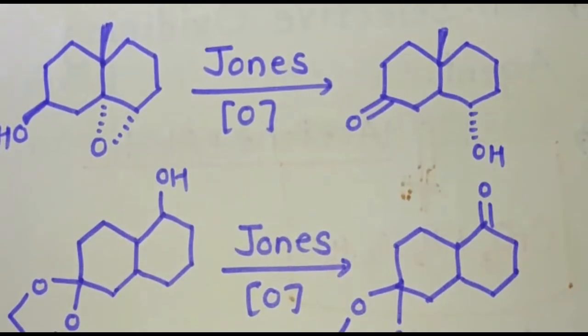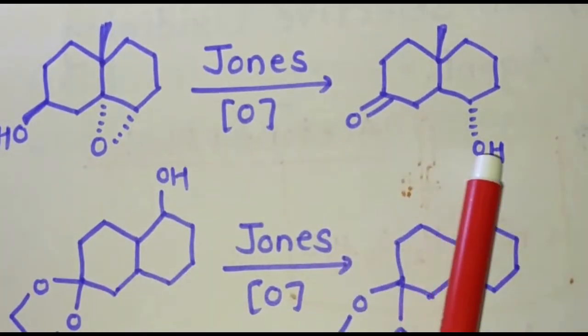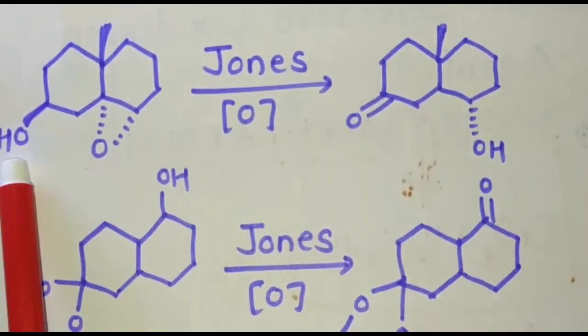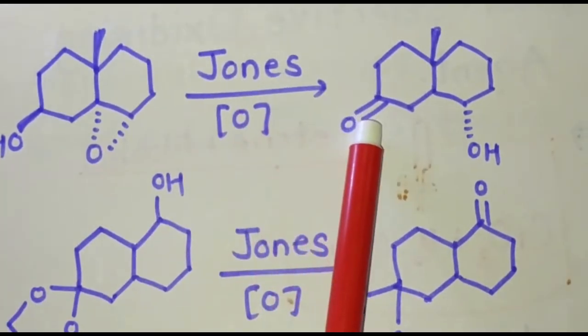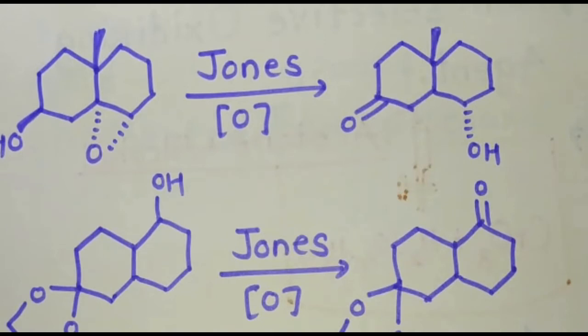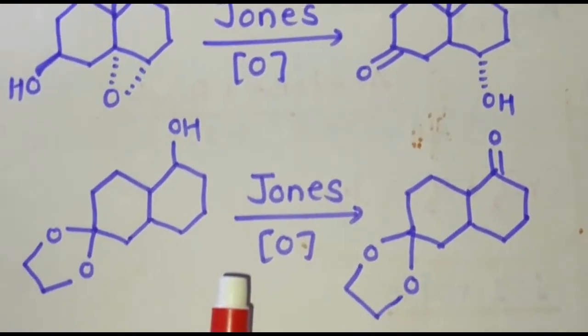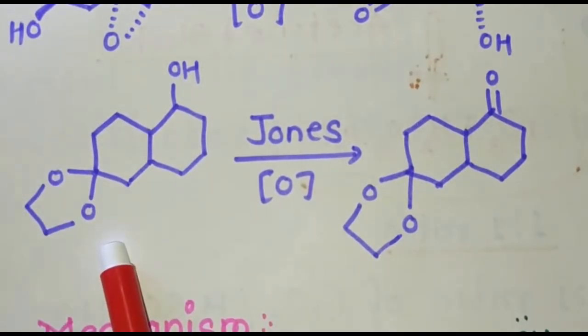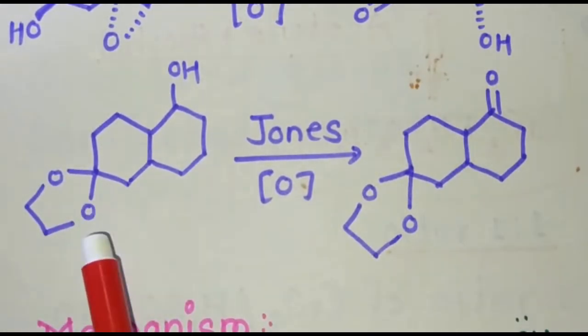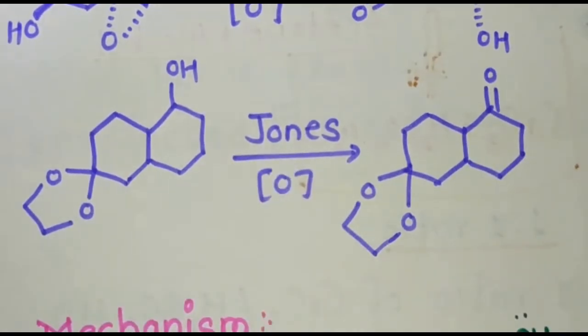When the Jones oxidation is carried out, the epoxide also gets affected. Alcohol formation is carried out, and this OH group, the secondary alcohol, is converted to the ketone. As I said earlier, the acid labile groups are unaffected, but only the epoxide gets affected. Here this is also an acid labile group, but it is unaffected during the Jones oxidation.